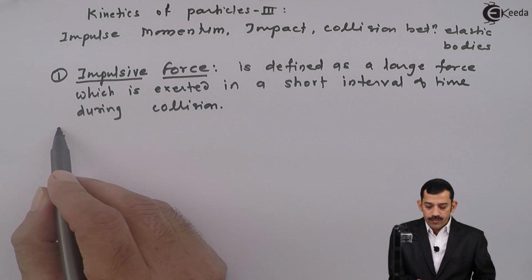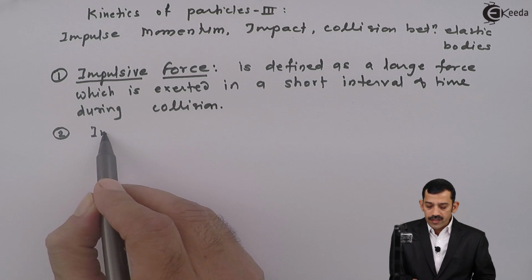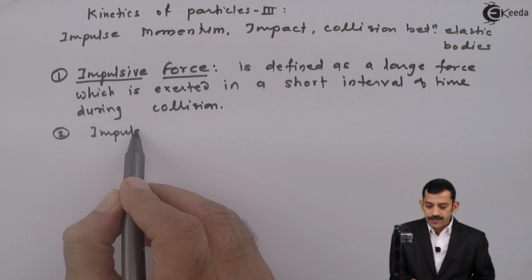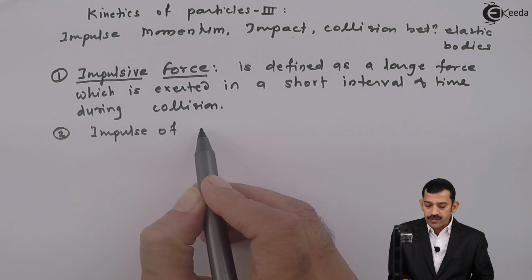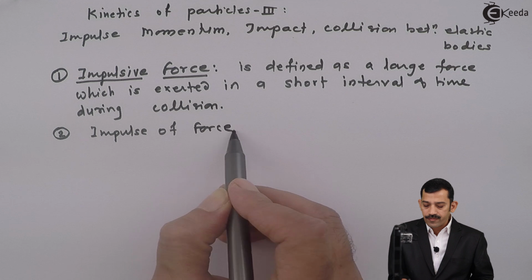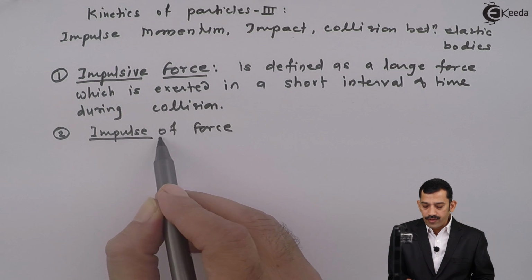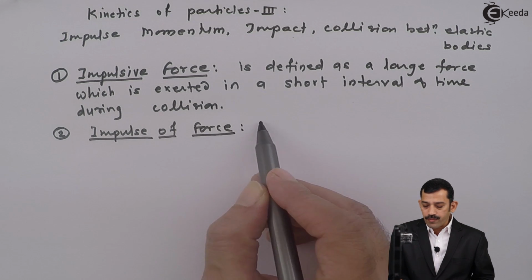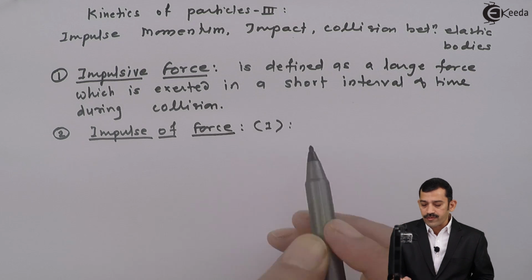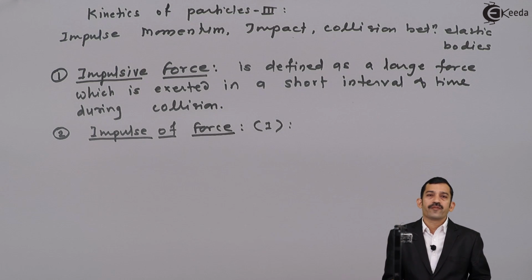The next important term is impulse of force. Impulse of force is simply the product of these two terms. It is the product of the impulsive force developed and the time interval in which this force acts.